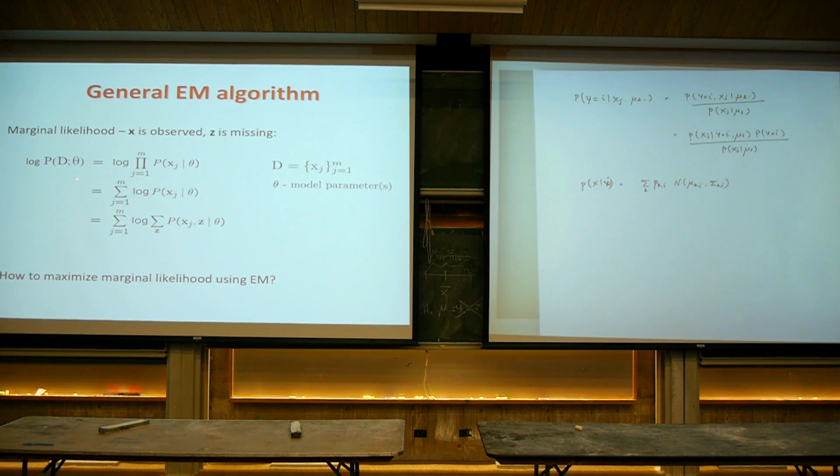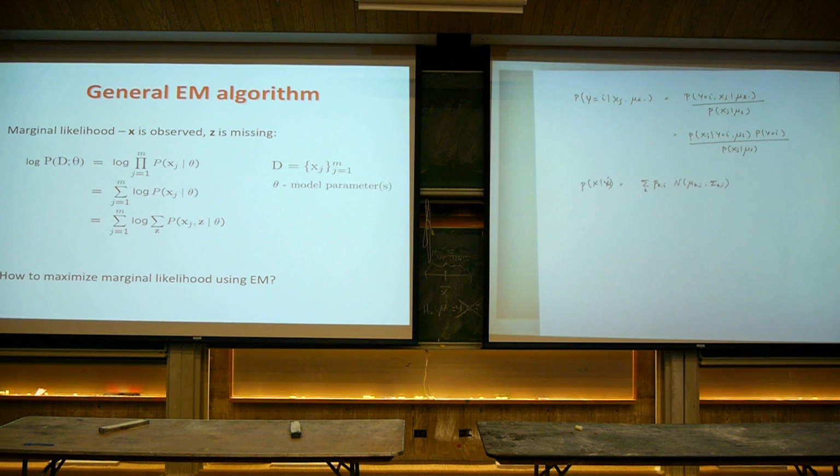We call it marginal likelihood because really you could be optimizing the joint likelihood of X and Z over the hidden variables also, but you don't get to observe Z. So we have again the log of, because all the data are independent, the product over the probability of each one of the data points, xj, given the parameters. We can, of course, interchange the log and the product by making it a sum outside.